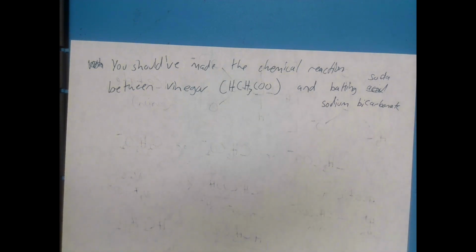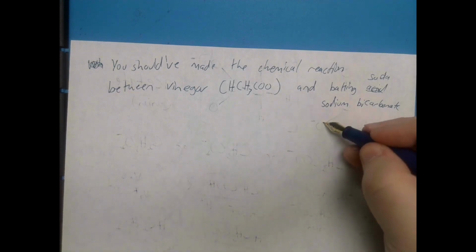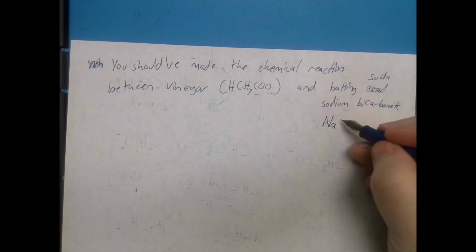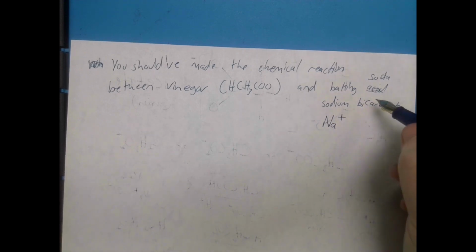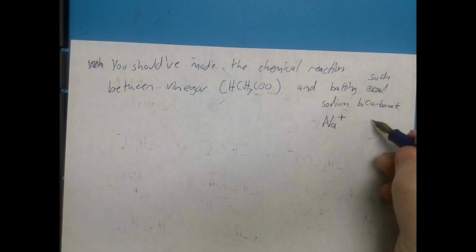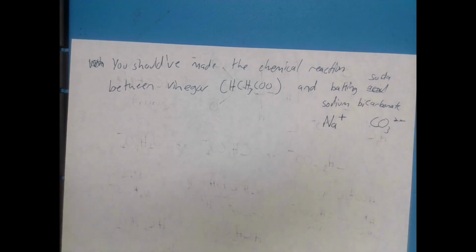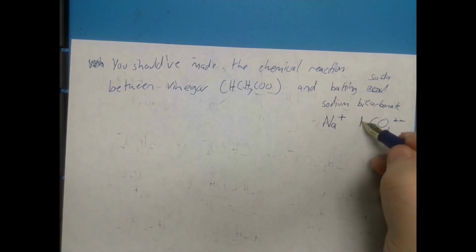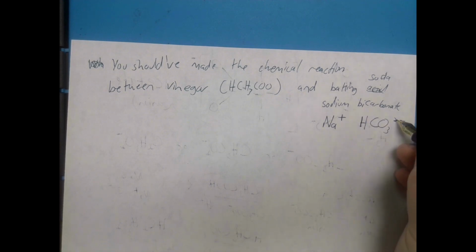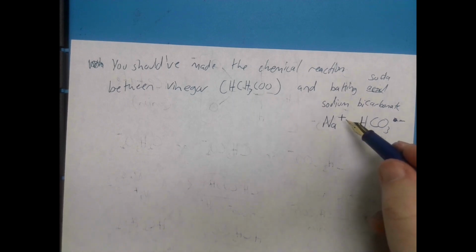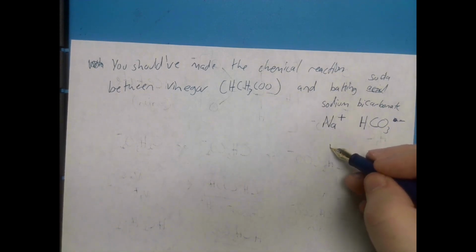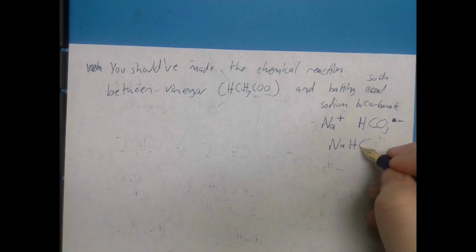So what's the formula for sodium bicarbonate? Na is our cation. And our anion would be, well, we know it's carbonate. So carbonate is CO3 2 negative. And we're going to add a hydrogen, because that's the bi. And hydrogen is positive, which turns that into just a 1 negative. Plus and negative is a 1-to-1 ratio. So it's NaHCO3.